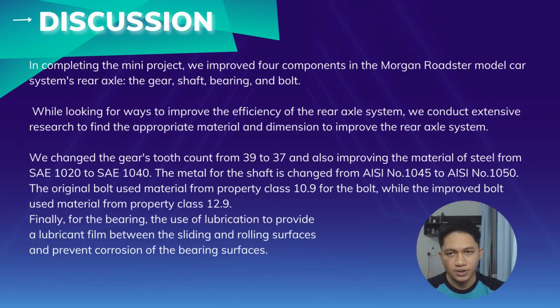So for the discussion, in completing the mini project, we improved four components in the Morgan Roadster model car system rear axle: the gear, shaft, bearing, and bolt. While looking for ways to improve the efficiency of the rear axle system, we conducted extensive research to find the appropriate material and dimension to improve the rear axle system.